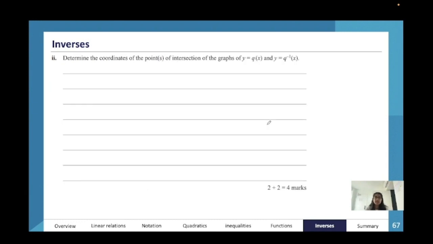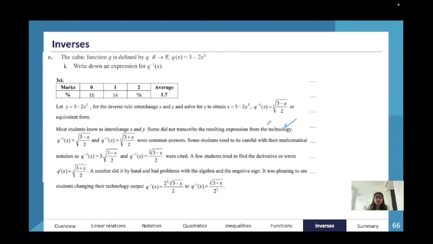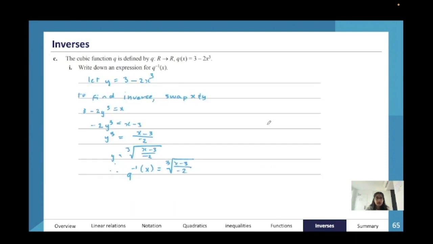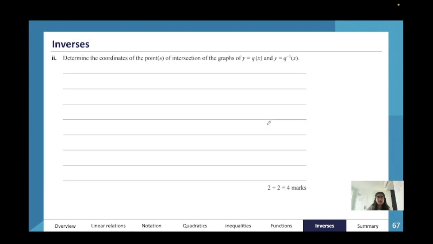Next, the points of intersection between the graphs q of x and q inverse of x. What was q of x? Q of x was 3 minus 2x cubed. To find the points of intersection, it's actually easier to go 3 minus 2x cubed equals x. Solve: 2x cubed plus x minus 3 equals 0.